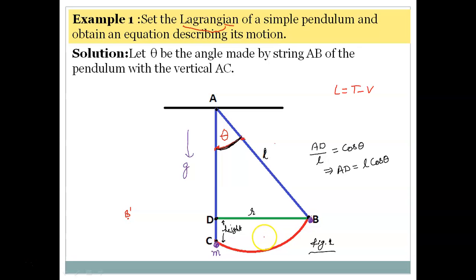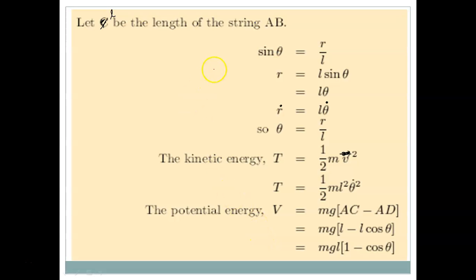So r equals L sine theta, or r equals L theta, because for small angles sine theta is approximately equal to theta.